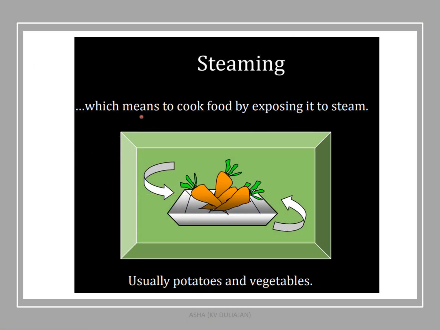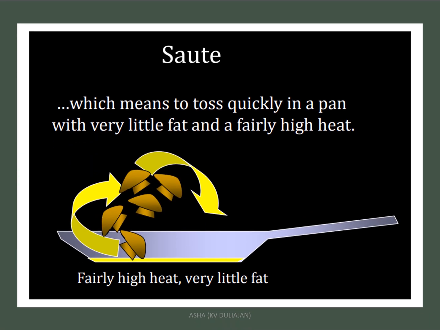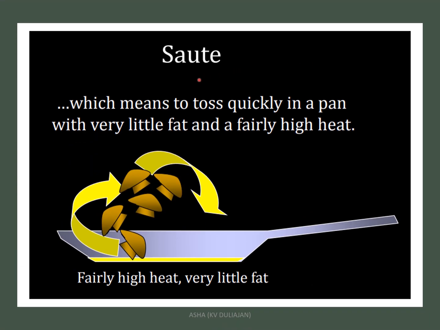Now steaming. Steaming means to cook food by exposing it to steam. Now saute. Saute means to toss quickly in a pan with very little fat or oil and a fairly high heat.